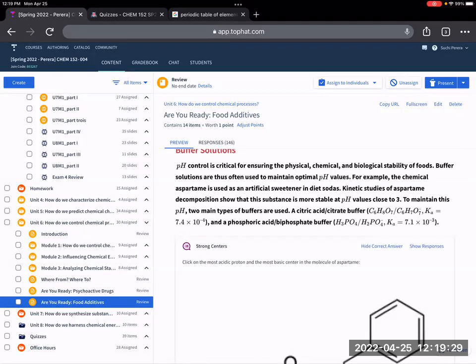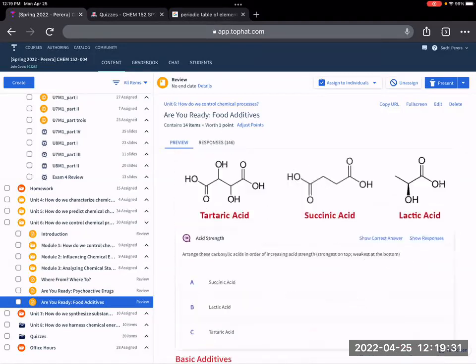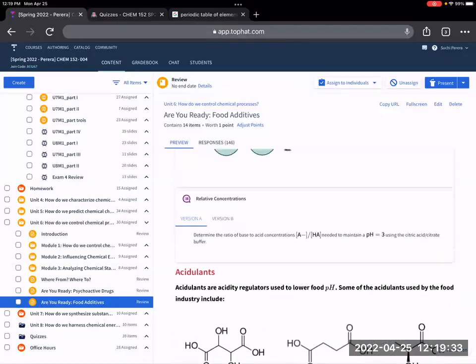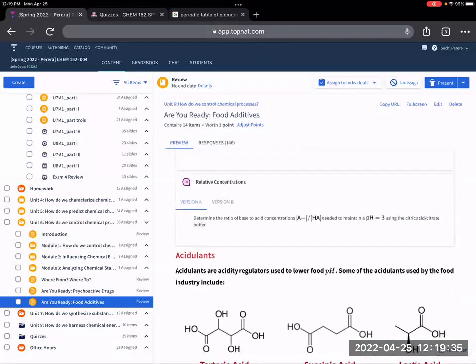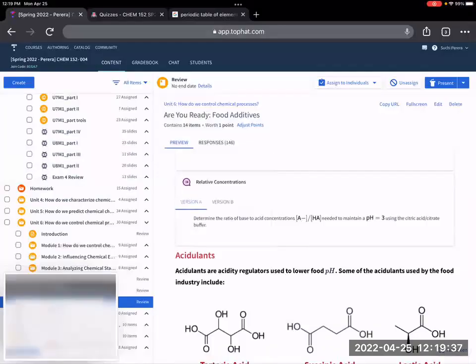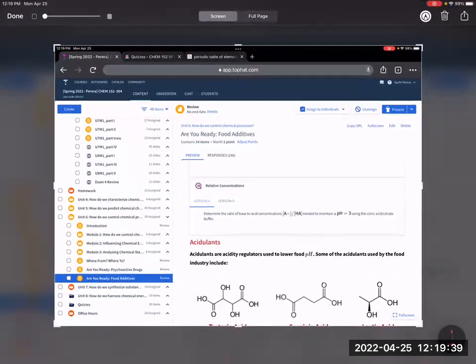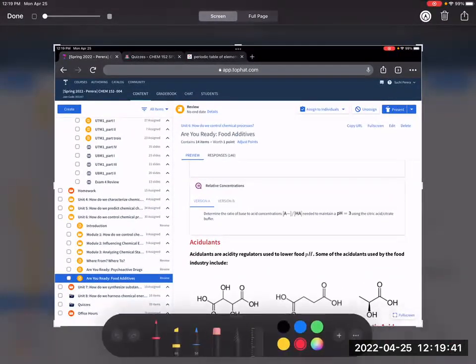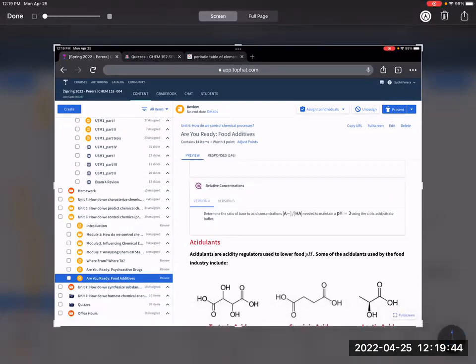Okay, let's move to that question. Anyway, the Henderson-Hasselbalch equation is pH equals pKa plus log of A minus concentration over HA concentration.